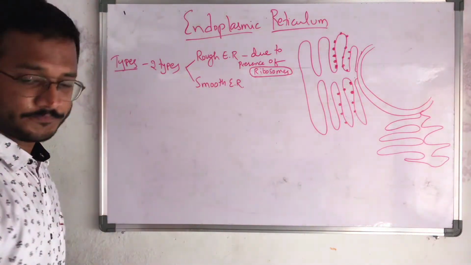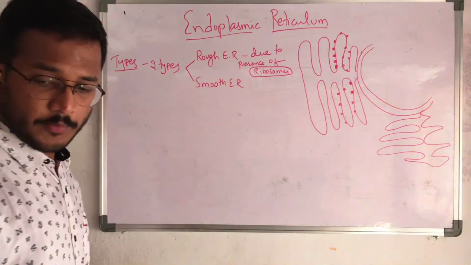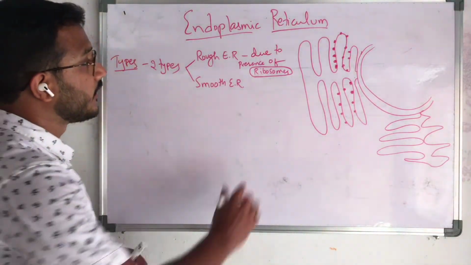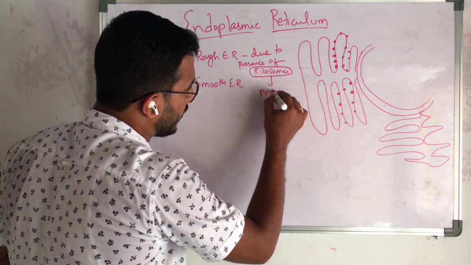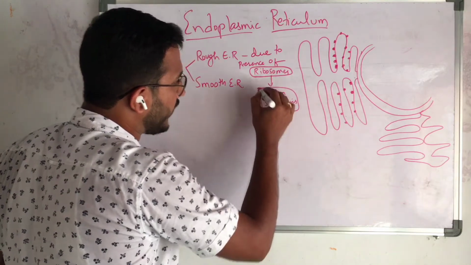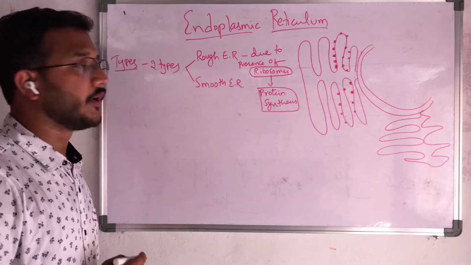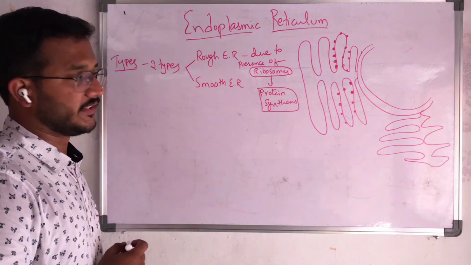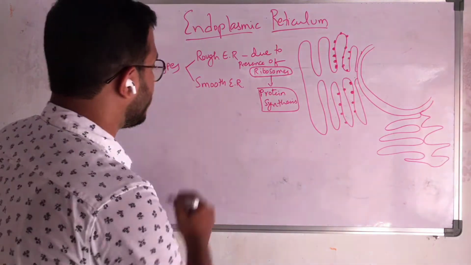Okay, now with respect to the functions, the ribosomes are involved in protein synthesis. We will discuss protein synthesis later. So indirectly the rough endoplasmic reticulum belongs to the function of protein synthesis, due to the presence of ribosomes on it.